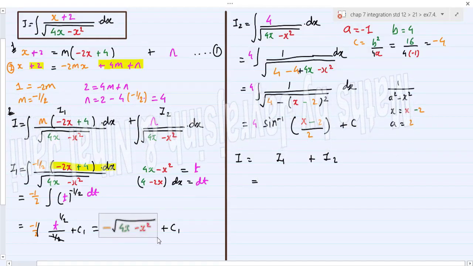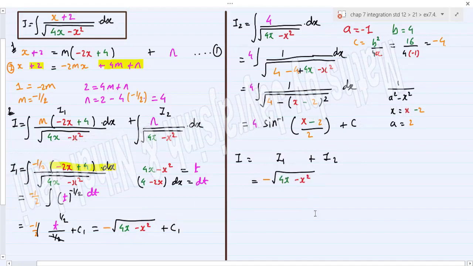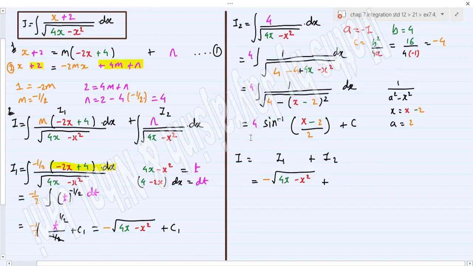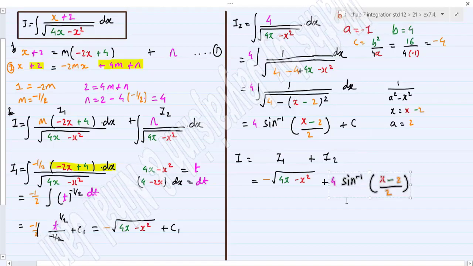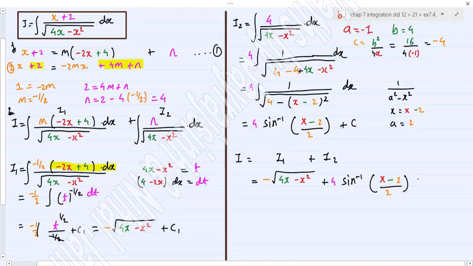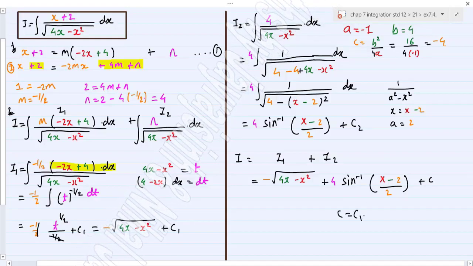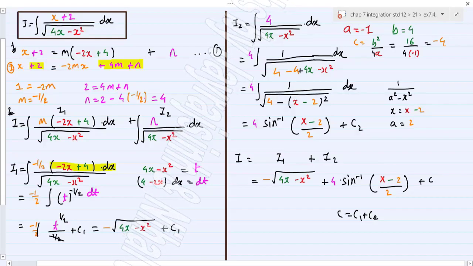So our first term is minus under root of 4x minus x squared plus your I2, which is 4 sine inverse x minus 2 by 2 plus c, where c is c1 plus c2. Ta-da! This is your final answer.